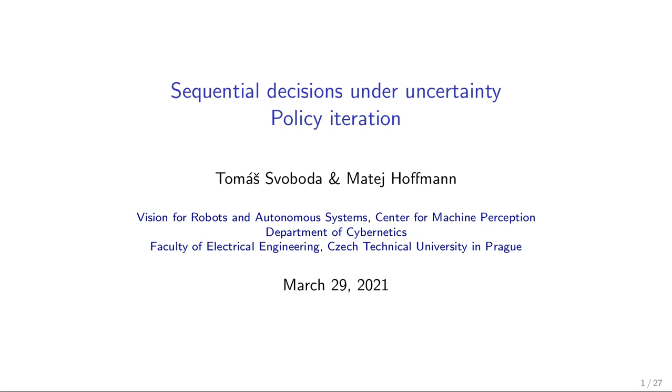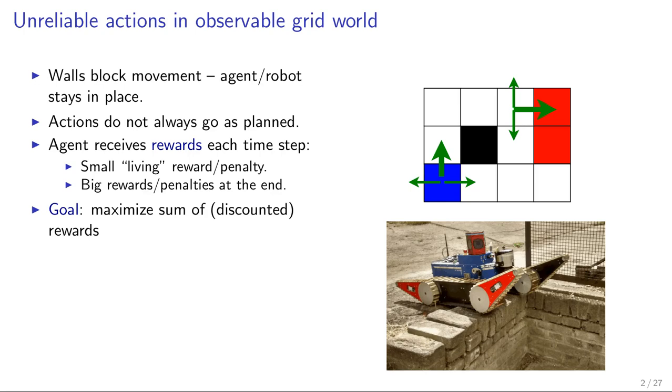Right. So value iteration was the algorithm that we finished with last time, and today we will, among other things, look at the alternative main algorithm for solving this Markov decision process, which is policy iteration. Recap: this is the grid world that we were dealing with. Usually we started here. These were the terminal states.